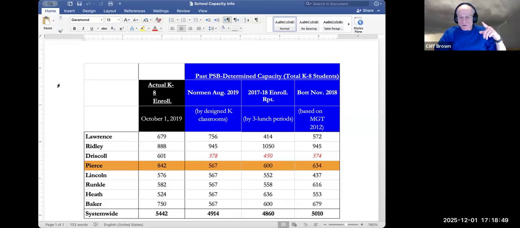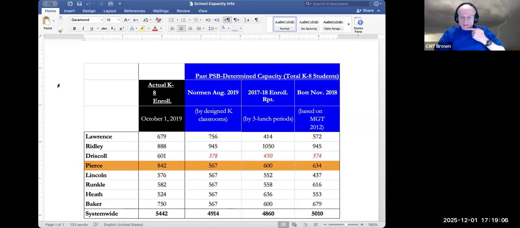And so that was what it was designed at originally. And then the expansion brought it up to 945. The October 1st is actually a statement of occupancy, not design capacity.